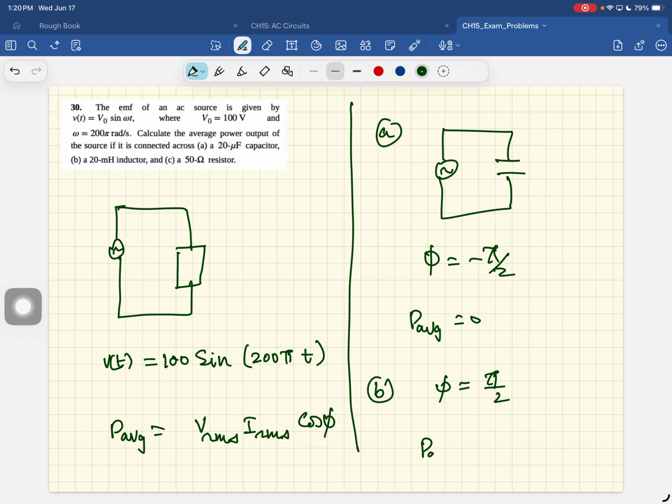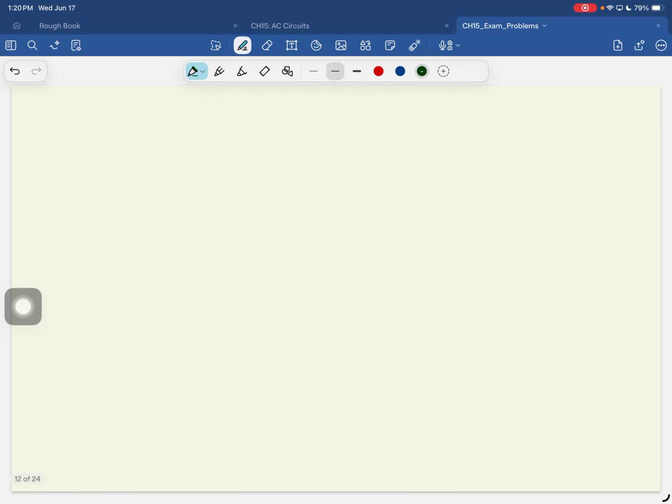L is 5. So that's 10 to the 6, and so this becomes 10 to the minus 3. No, 10 to the 3. That goes on top, becomes 10 to the minus 3.